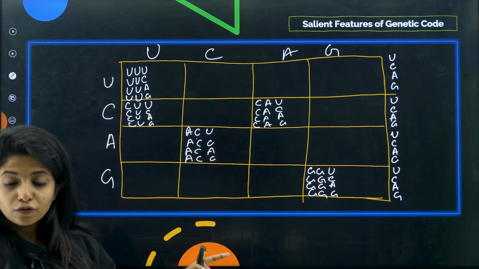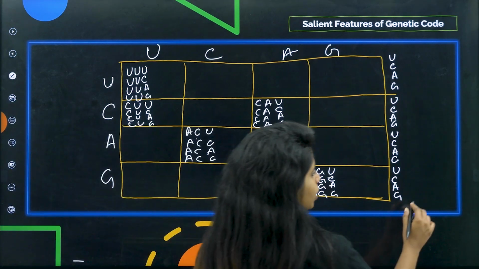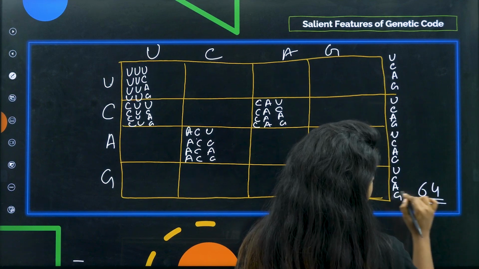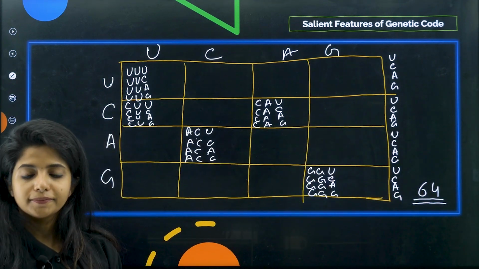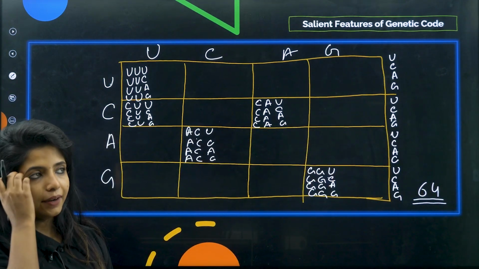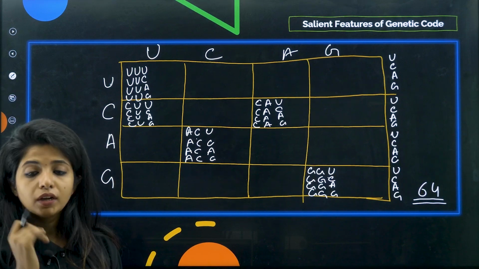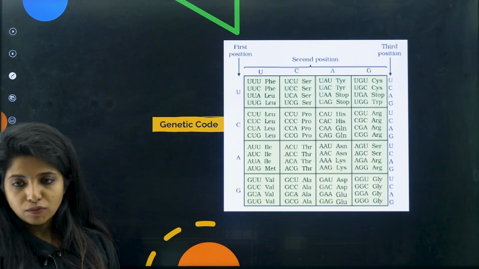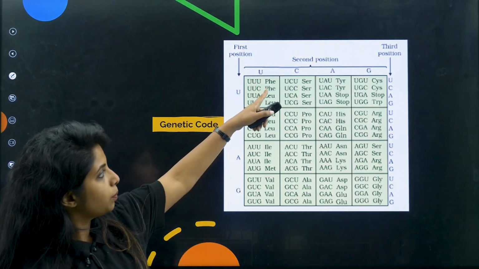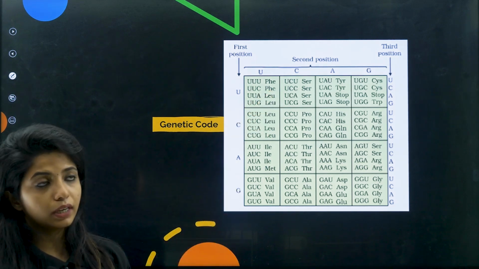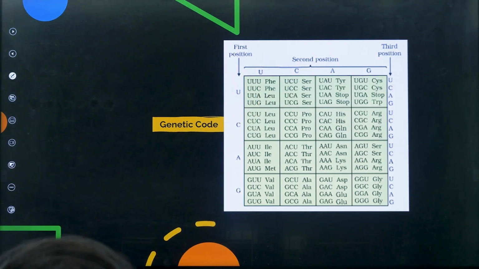In this format you will get 64 codons, children. How many of them will you get? 64. And you have to remember the names. I'll tell you a trick to remember them. PHE stands for phenylalanine.